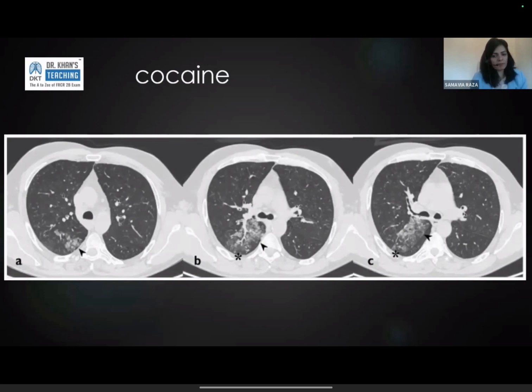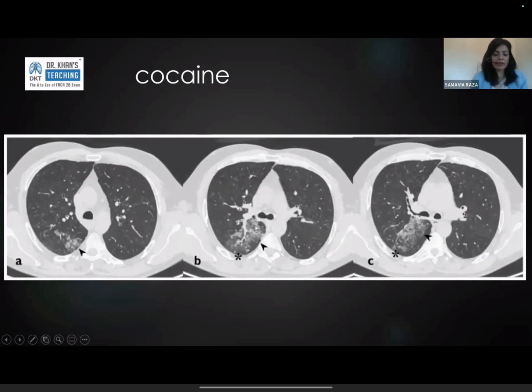The question is, while that patient was collapsed, did he aspirate? Yeah, he might have. Or is that ground glass pneumocyte inflammation because of cocaine? Either. So this patient happened to be well and conscious, no aspiration, and that was called cocaine lung.